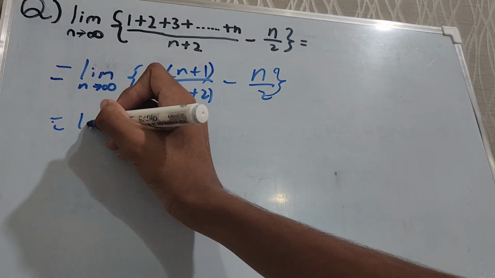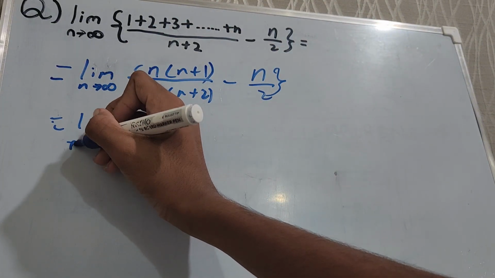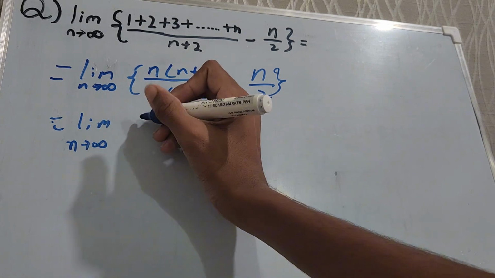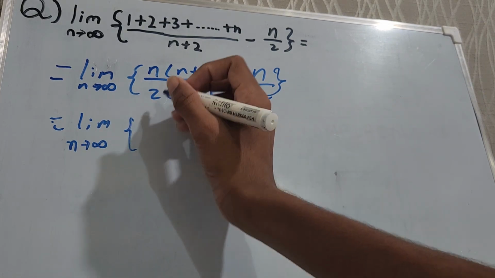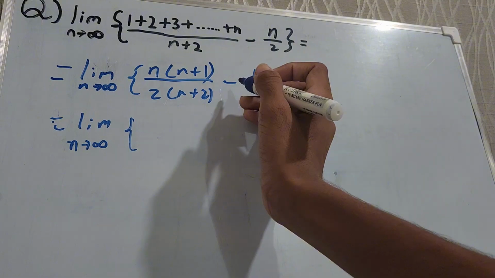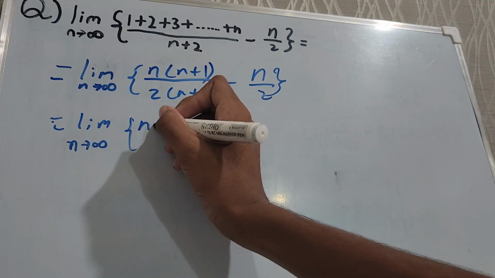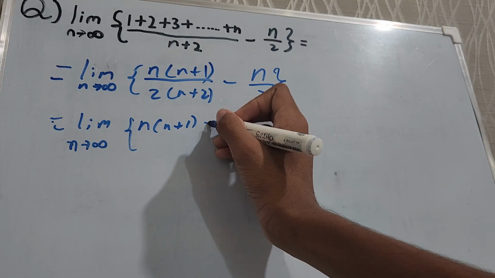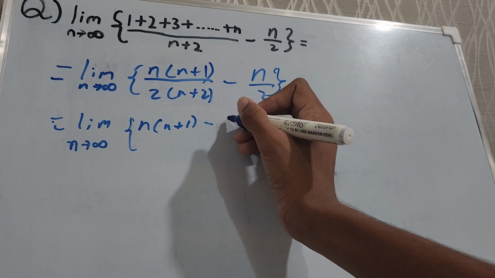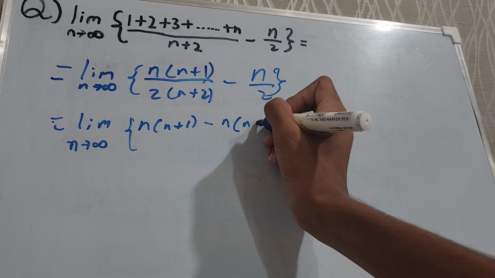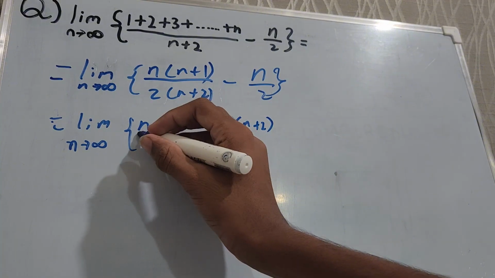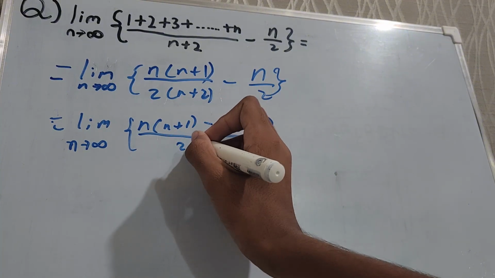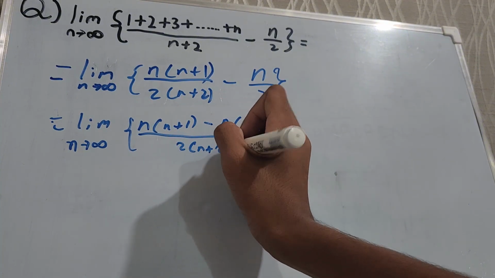Which is equal to limit n tends to infinity of n into n plus 1 by 2 minus n, put over common denominator 2 into n plus 2.